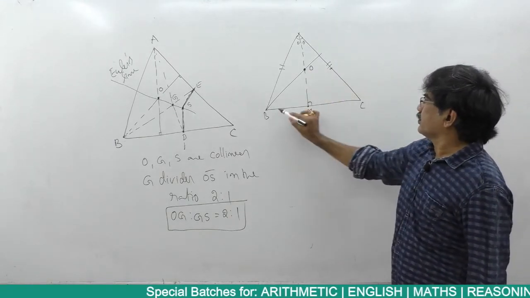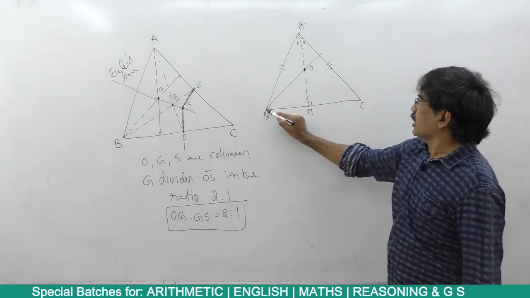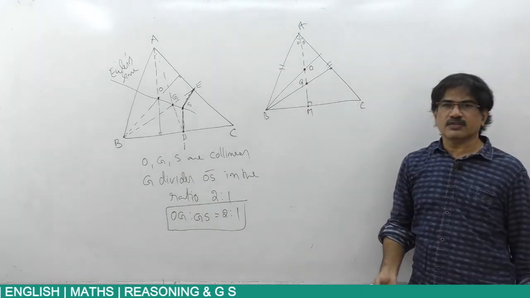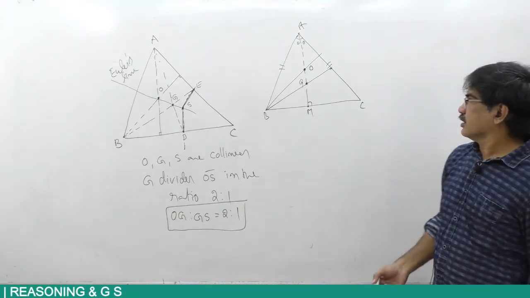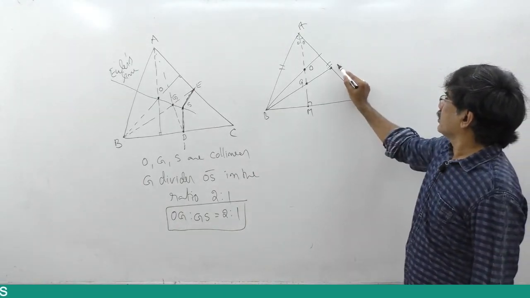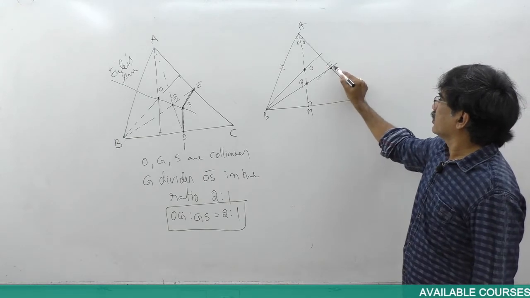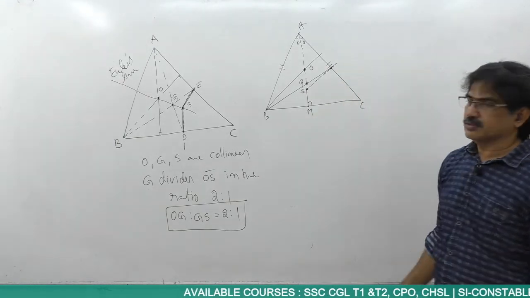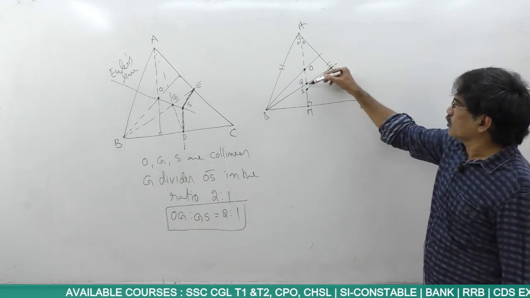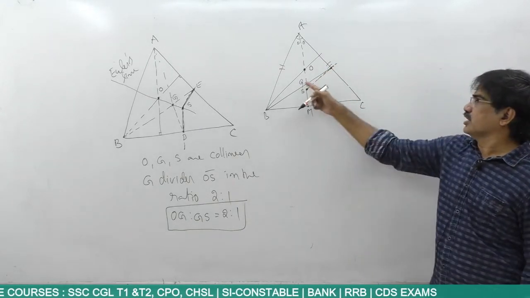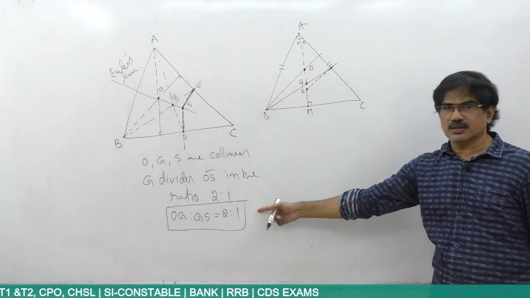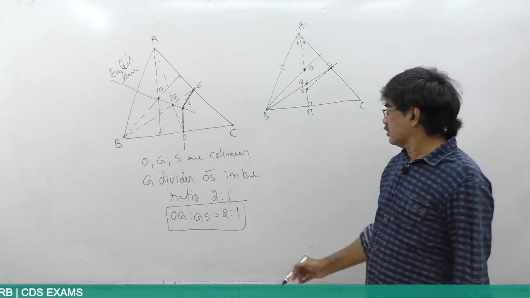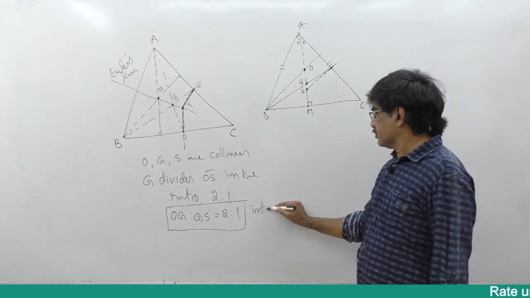This is the midpoint of the side AC, join these two, this is the centroid, the point of intersection of medians. And at the midpoint, if you draw a perpendicular line, it meets at this point, so this is the circumcenter. In this case also, O, G, S are collinear and G divides OS in the ratio 2:1 internally.